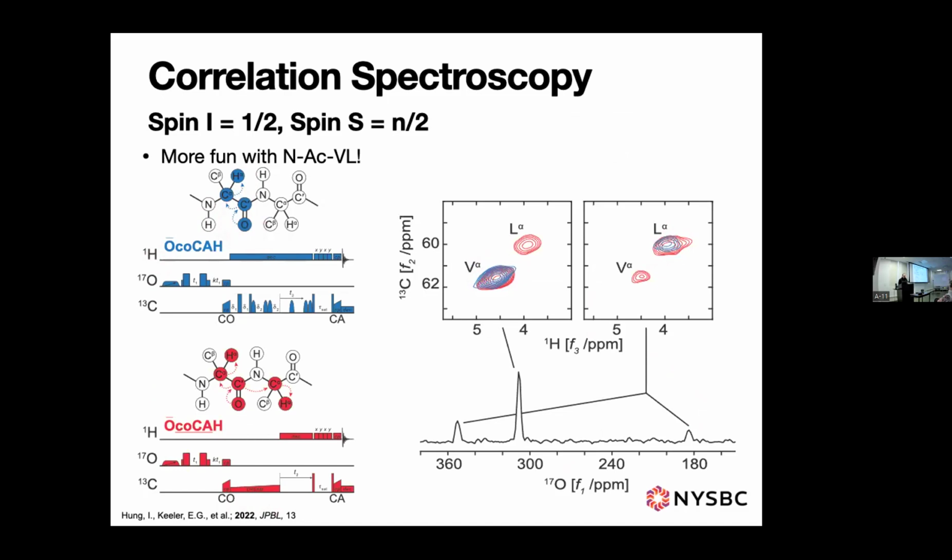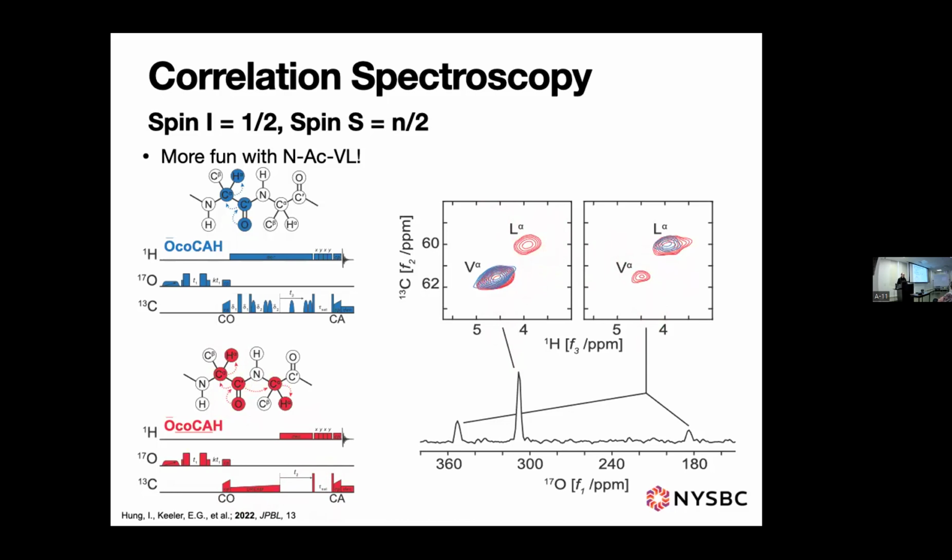We're not going to digitize the CO dimension, but we're going to digitize the CA dimension after we do DREAM, and we do O to the CO, to both C alphas, to both H alphas, and then we get the red spectra, where we can see the valine and leucine C alphas in their respective oxygen peaks.